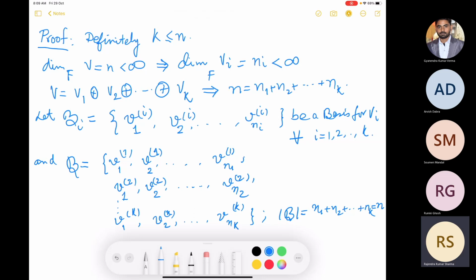And I leave for you as a small, simple exercise that this B is actually a basis.